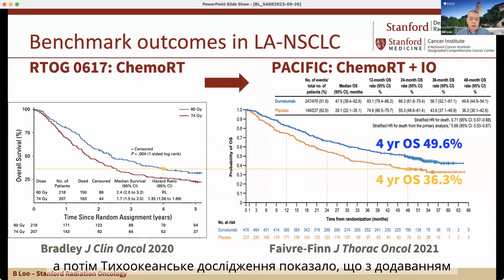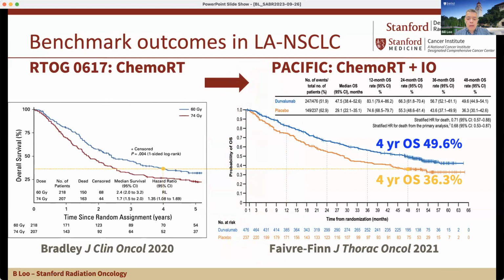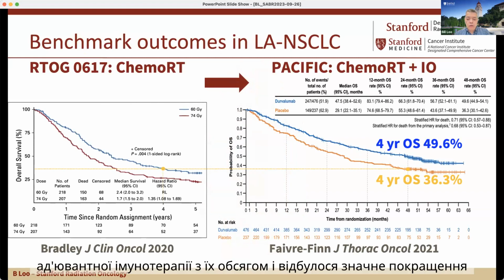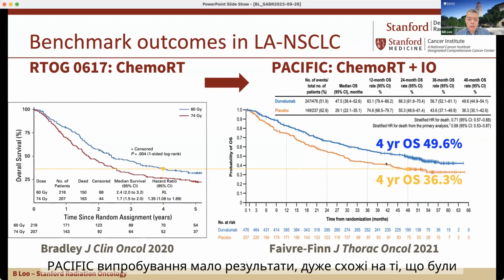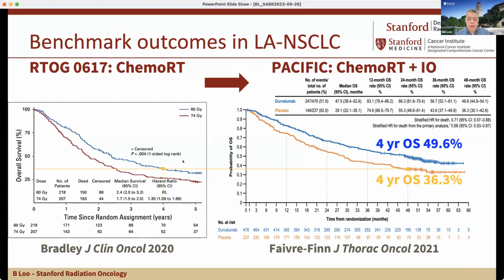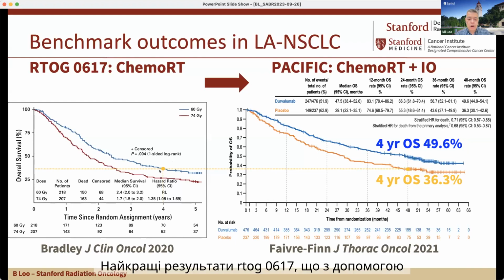And then the Pacific trial showed that with the addition of the adjuvant immunotherapy with durvalumab, there was a significant improvement in overall survival. And so you can see that the chemoradiation arm of the Pacific trial had outcomes very similar to what was seen in the best results of RTOG-0617.